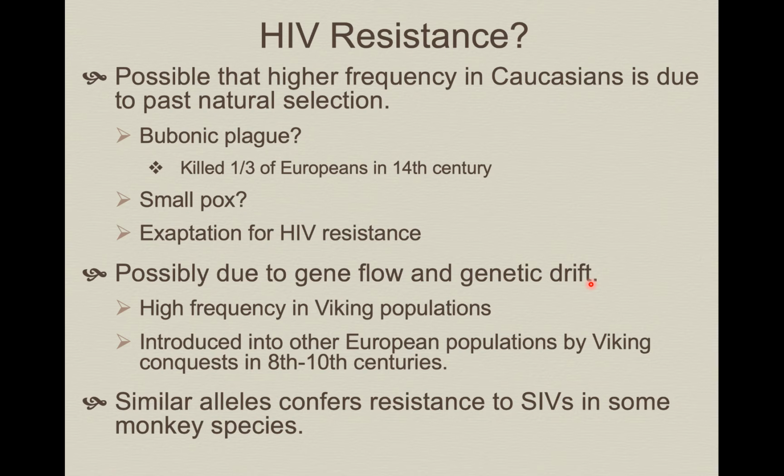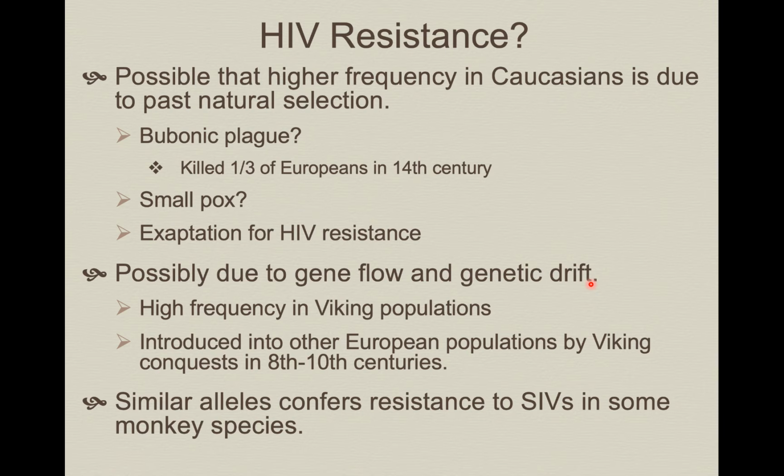It may also be possible that it spread throughout Europe due to gene flow because of the high frequency of Viking invasions in European populations. And in some of these populations, genetic drift may have increased the frequency of this allele just by sampling error in small populations. But regardless, this isn't too surprising.